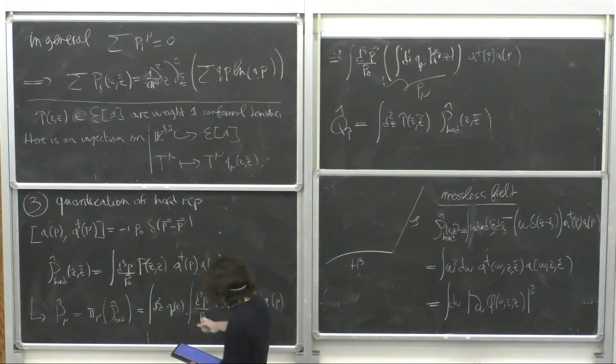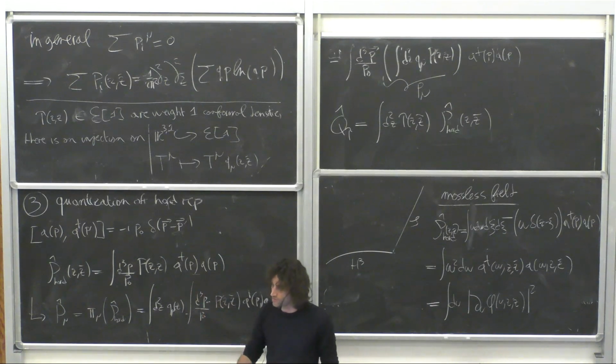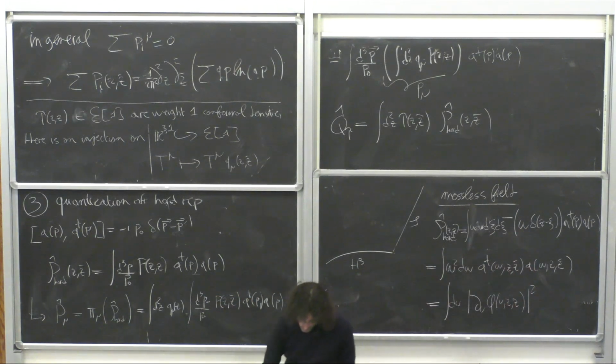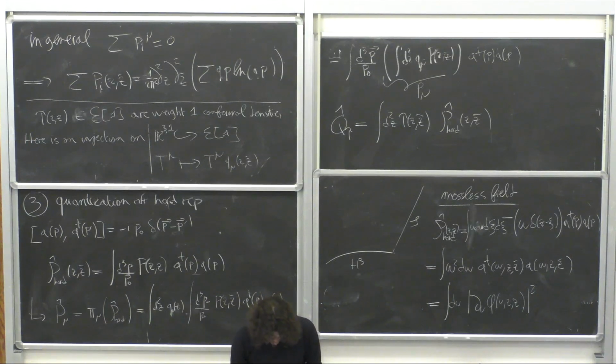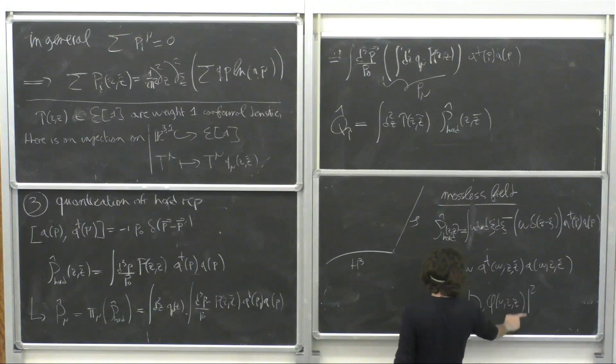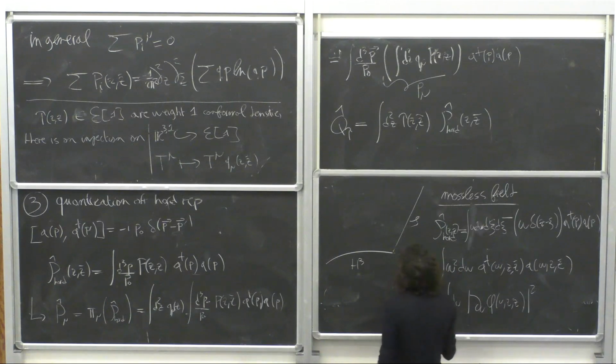This is due to the fact that this measure is bringing an extra factor of omega. So the measure itself brings the first omega, and then you have the energy itself here. So this is the super momenta as seen at Scri.